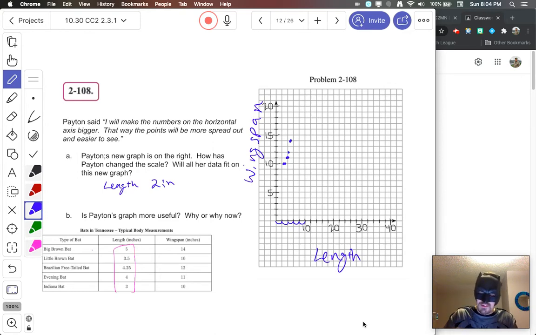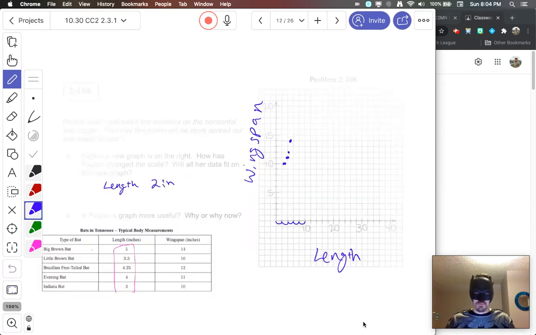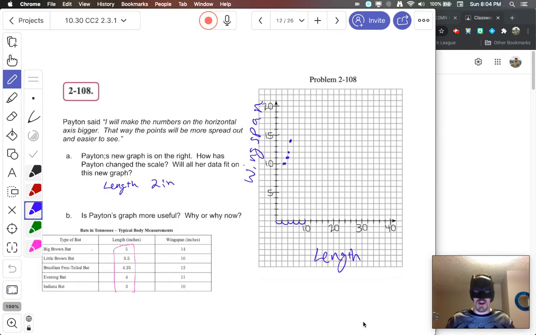If we take a look at this graph and we compare it to what it was here, did our graph get more spread out? I hope your answer is that no, it did not. It's almost indistinguishable.